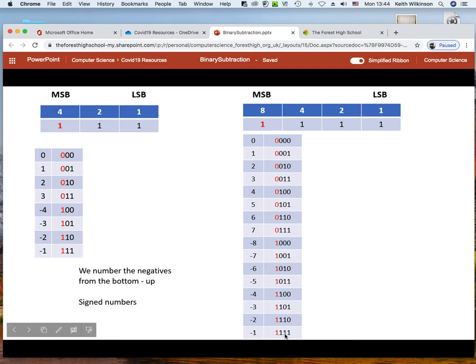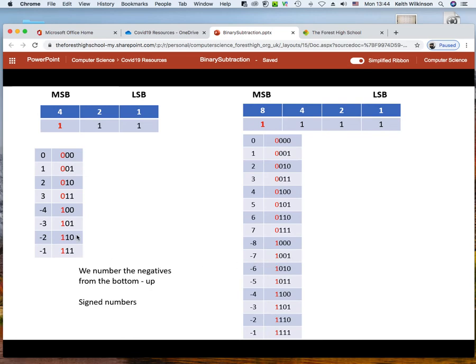Remember, I start at the bottom with my -1, -2, -3, -4, going up, -5, -6, -7, -8. And so this bit pattern here, 1000, is the binary pattern for -8. This pattern here, 1001, is the binary pattern for -7.